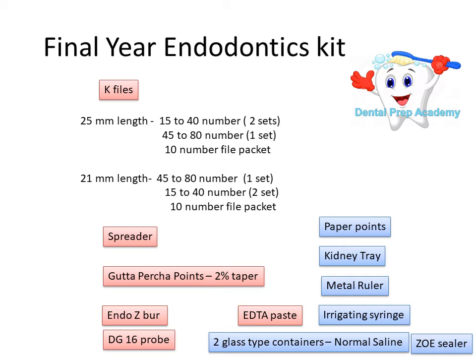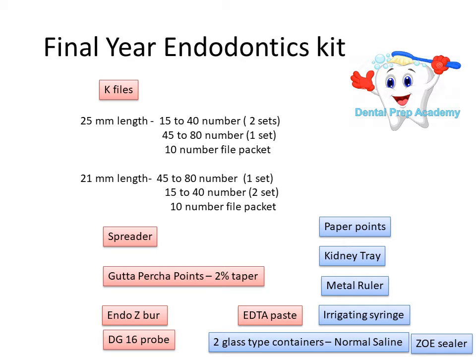So after deciding upon the file, you would also be needing paper points to dry the canal first. So you can get paper points along with the file. And after getting the paper points, you will be needing gutta percha points.